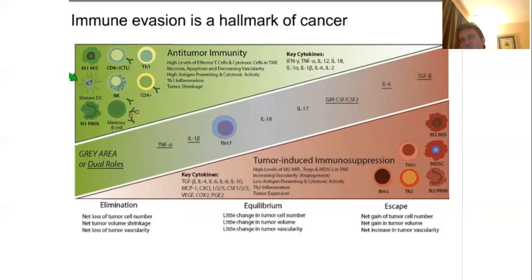The tumor microenvironment, as we see here, has immune cells in it, and most of the time those immune cells are suppressive immune cells. And we know why, because the tumor secretes chemicals that cause the suppression, or the polarization of the immune system away from Th1 and M1.